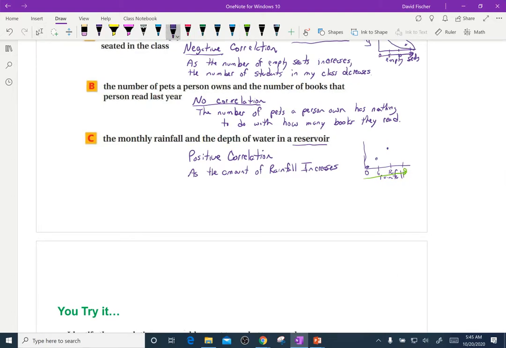So as it increases, comma, the amount of water or the depth of the reservoir increases. Okay, so we call that a positive correlation, and that's how we explain it. We have two events happening, what the axes are. So again, that's why axis labels are so important.